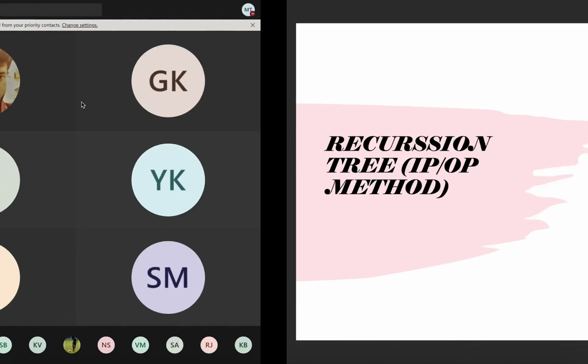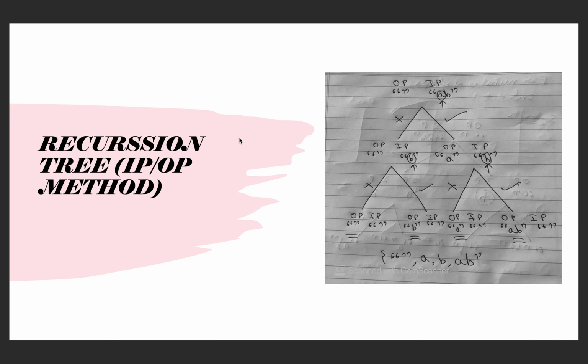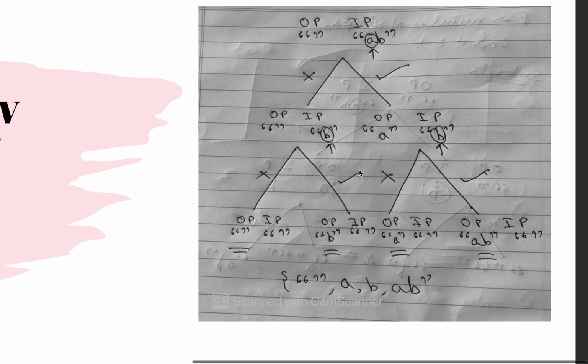You take an input, you take an output. Always remember that whenever you draw a recursion tree, there has to be a base condition no matter what method you use, because if you do not give a base condition, your recursion becomes infinite, it never stops. What is the base condition here? You can look at the tree and understand it.